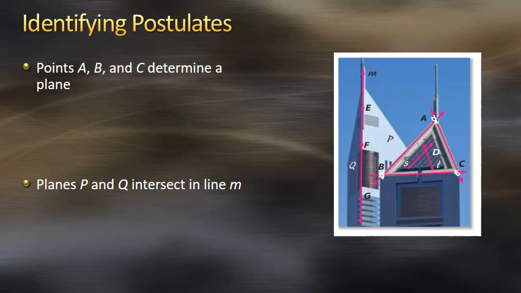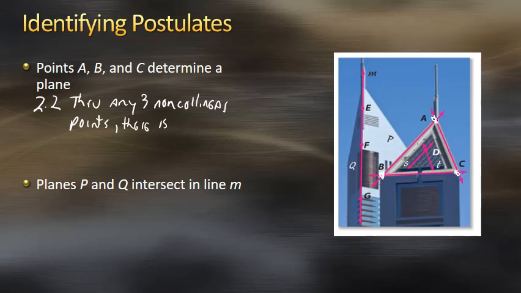So let's see, I'm going to go in here to my postulates and scan through, and there I see postulate 2-2, which says through any 3 non-collinear points there is exactly one plane.